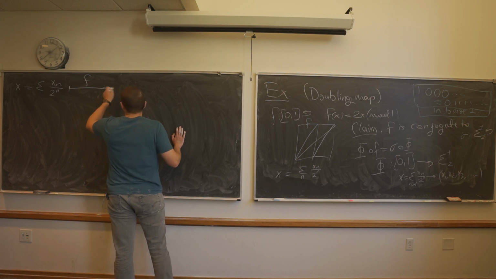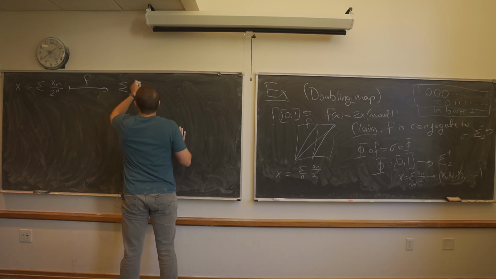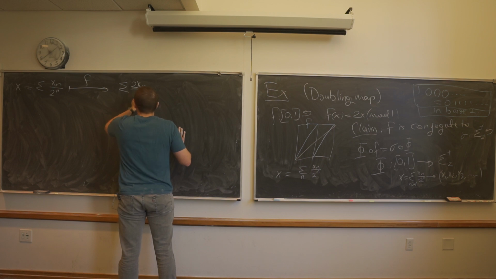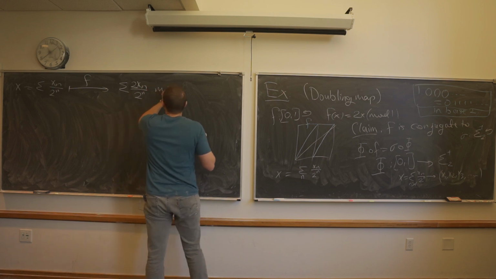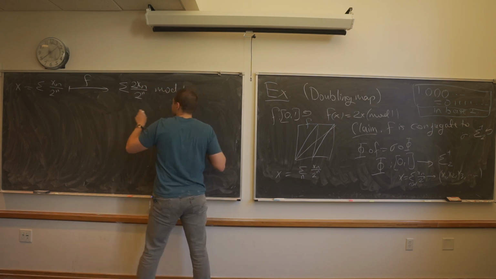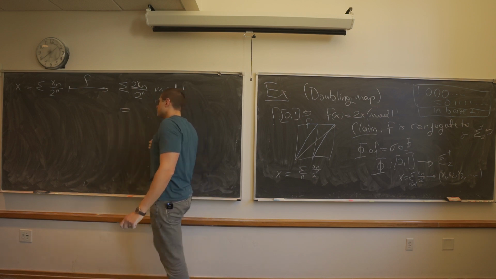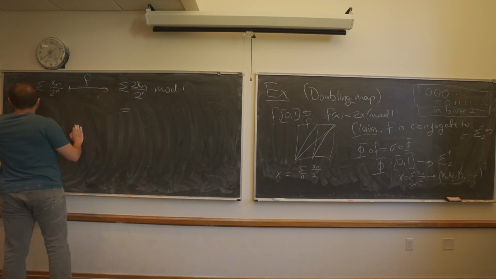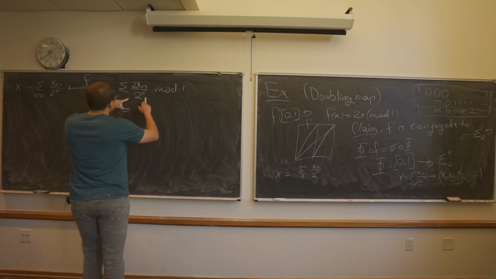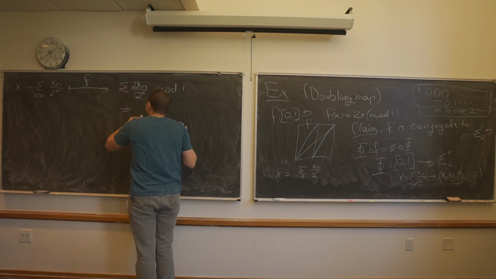So what's going to happen here? Times 2 divided by 2 to the n mod 1. We started with n equals 1. So now it's going to be like this.